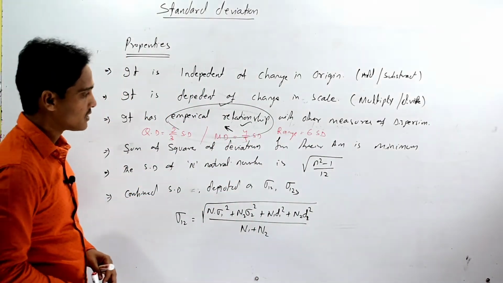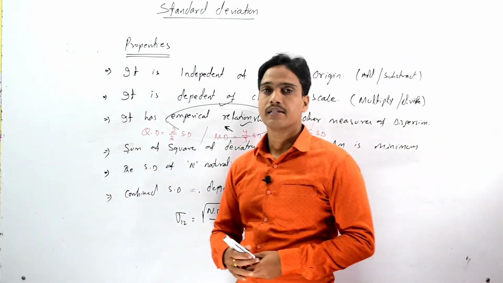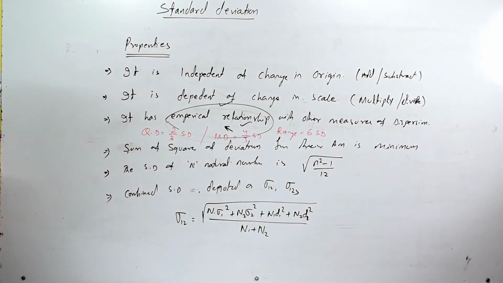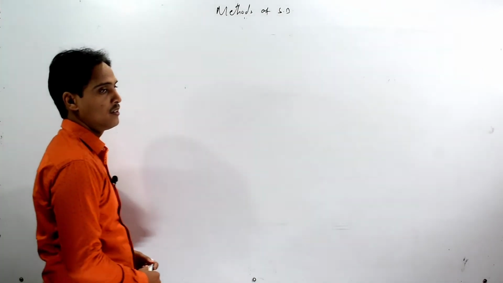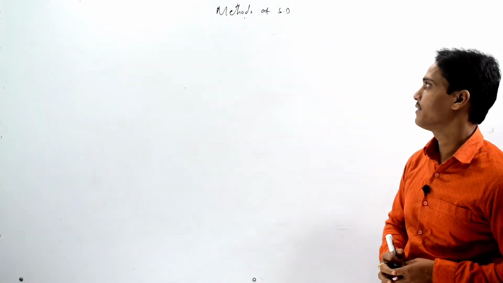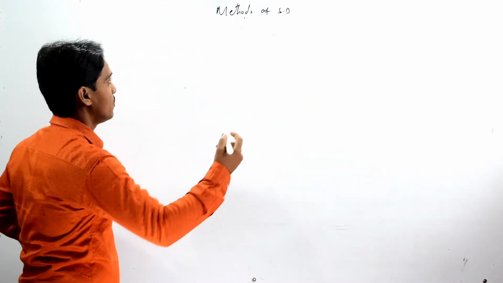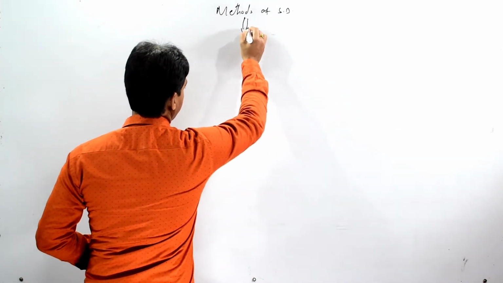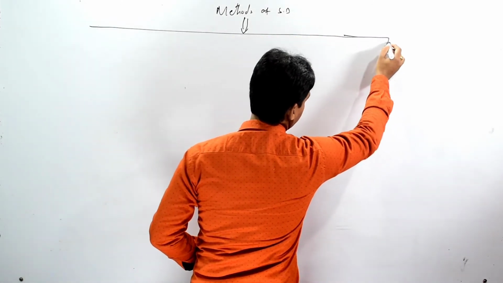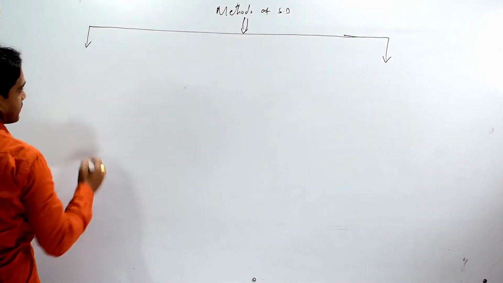So now come to the different methods of standard deviation. First of all, make the notes. Generally we use 5 methods for computing standard deviation.